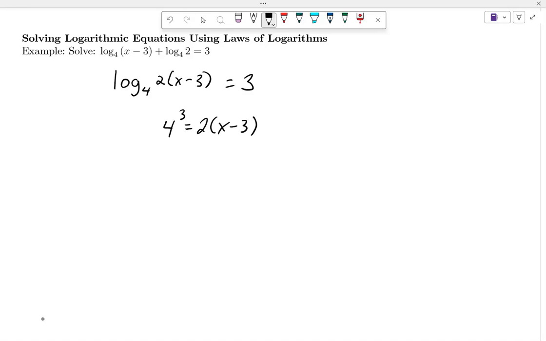Okay. 4 cubed is equal to 64. Distribute your 2 through. So you'll get 64 equals 2x minus 6. At this point, this should be pretty straightforward. What do we do next? Add the 6 and divide by 2.